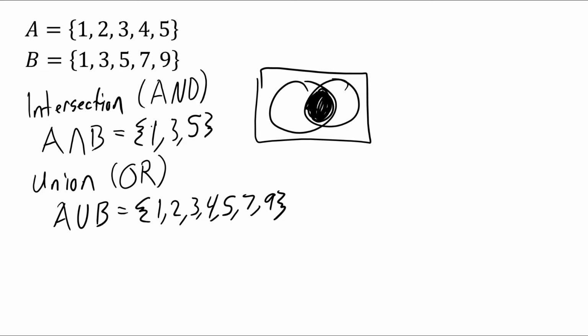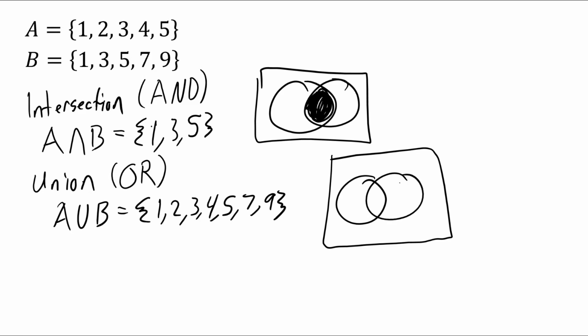But in math, the word or does mean one or the other or both. So union encompasses all of those. In our Venn diagram, union is everything that's in A and everything that's in B, but also both. Everything in both sets is the union. Okay, so those are our two operations, intersection and union.